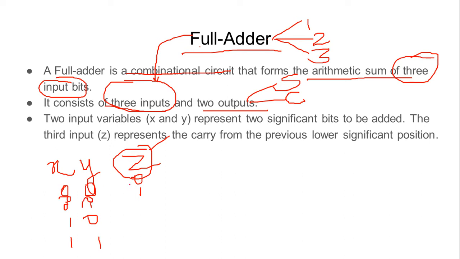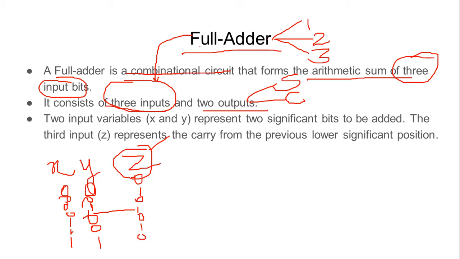For x and y as 0 0, the input carry can be 0, or for 0 0 the input carry can be 1. Same for 0 1: the input carry can be 0, or for the same 0 1, the input carry can be 1. Same for 1 0, the input carry can be 0, and for 1 0 again, it can be 1 as well.